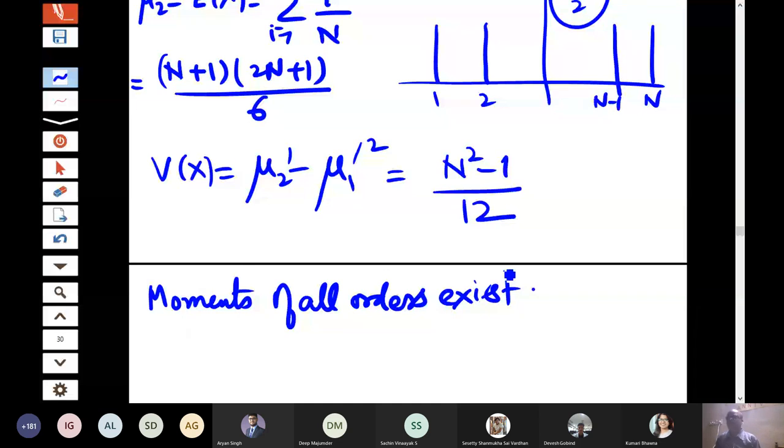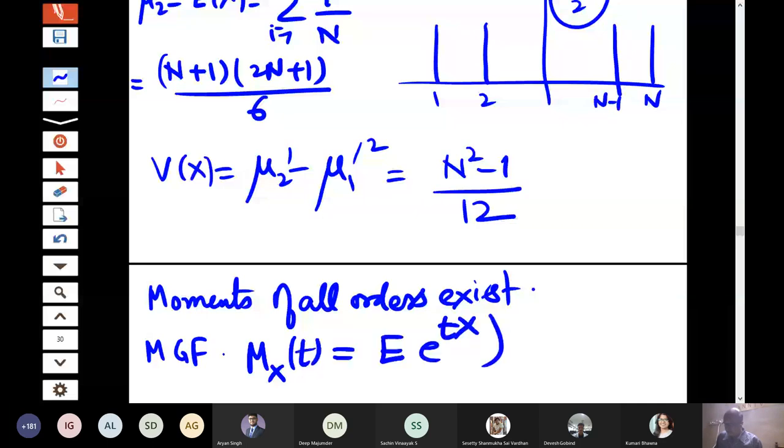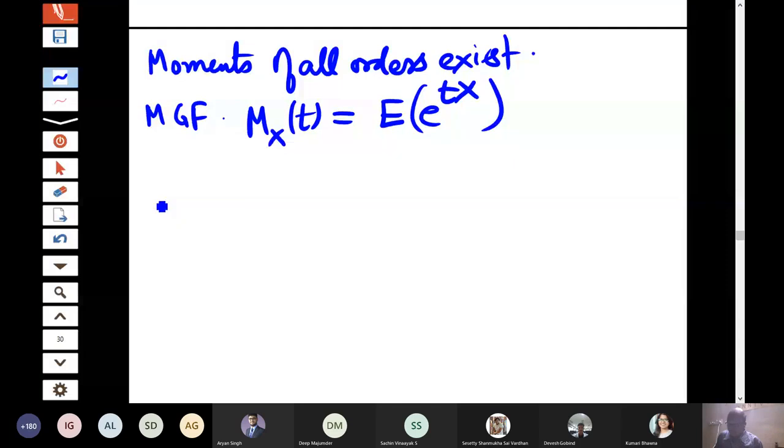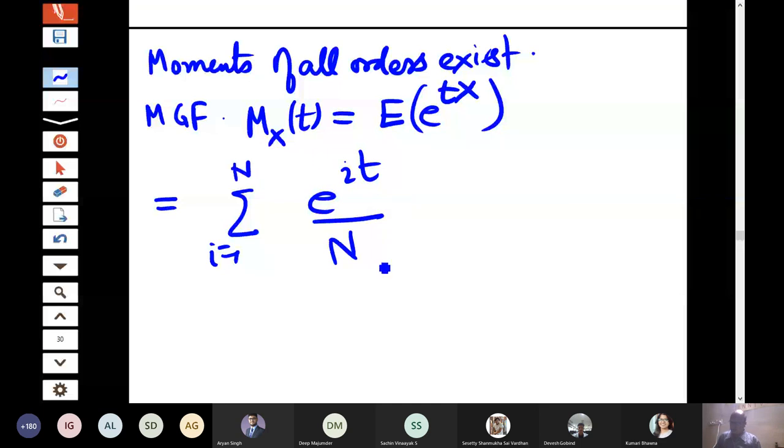You can also look at the moment generating function here. That is expectation of e to the power tX, which is the sum of e to the power it by n, i equal to 1 to n. So this is easily a geometric series: e to the power t plus e to the power 2t plus up to e to the power nt.